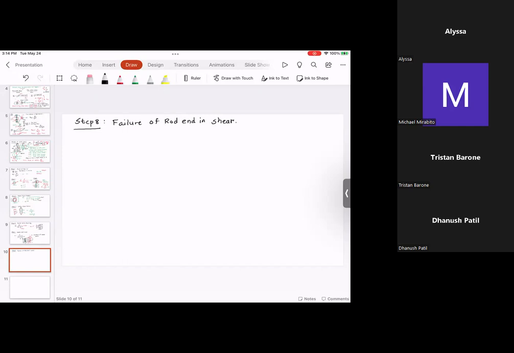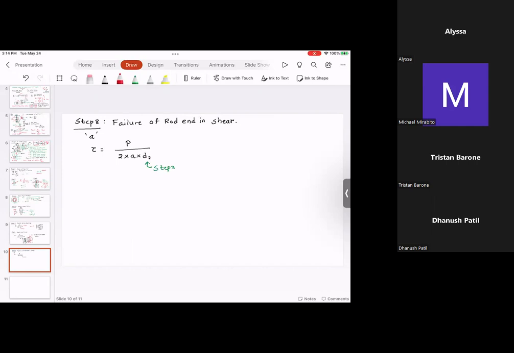If you think about it, the rod end is also in shear, and I'm going to talk about that distance A. So if you look at the failure equation, tau is equal to P divided by 2 times A times D2, and D2 is known from step 2.